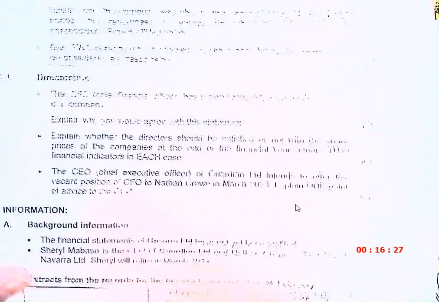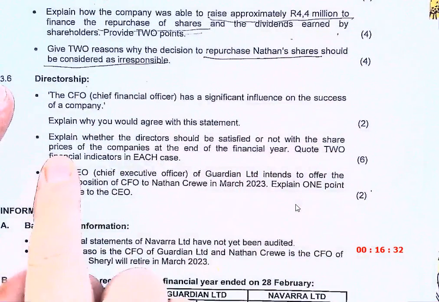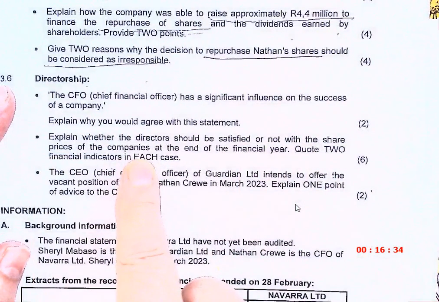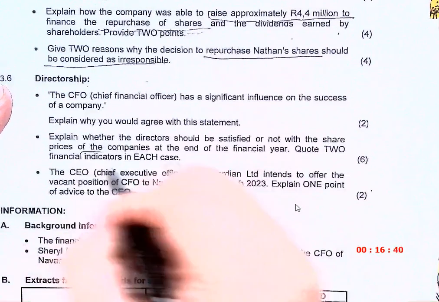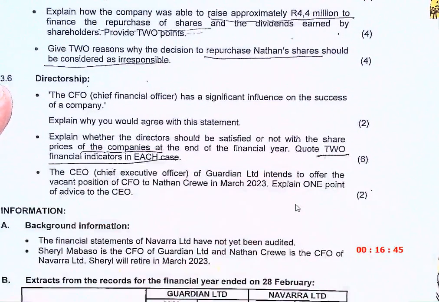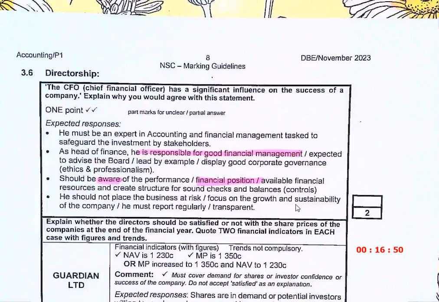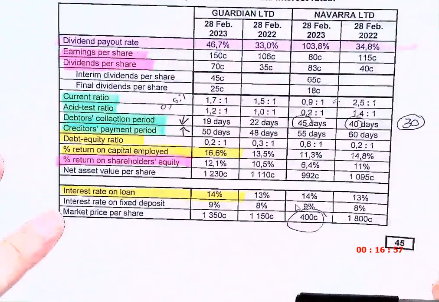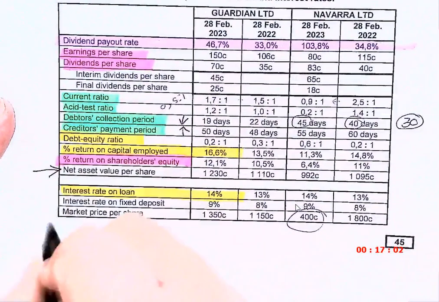Explain whether the directors should be satisfied or not with the share price of the companies at the end of the year. Now, can you see they talk about both companies? Quote 2 financial indicators in each case. Okay? So if I look at this, where did they give me the market price? The first thing I want to know is the net asset value and the market price.